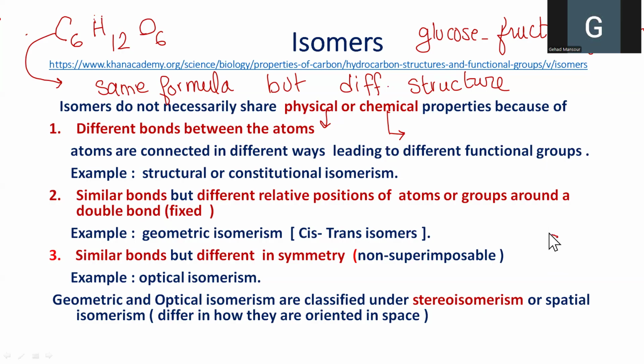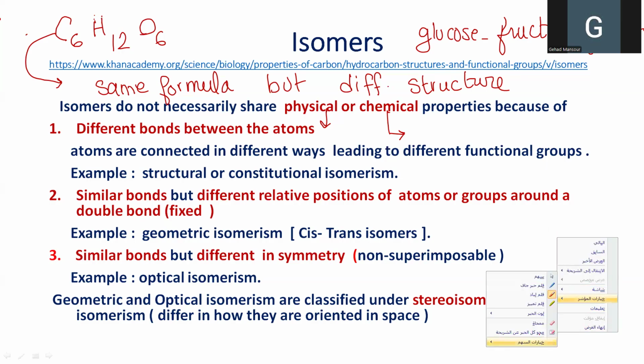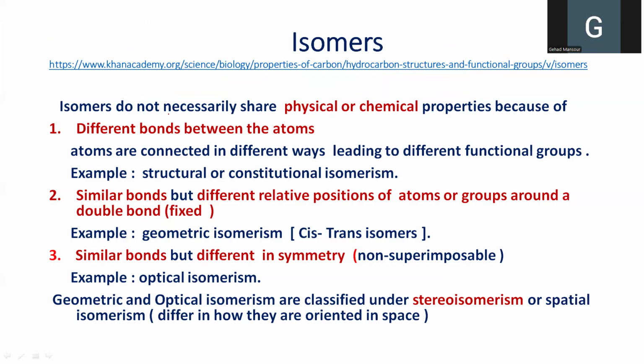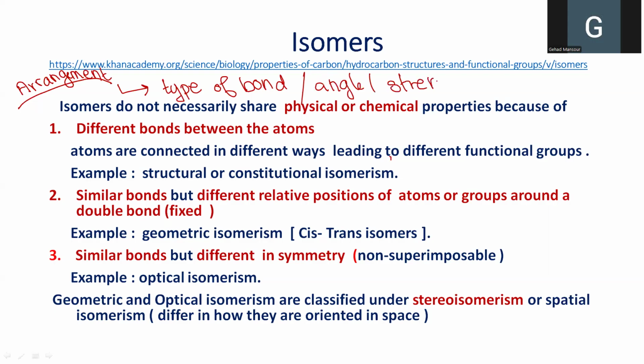So if you're ever asked how come isomers have the same molecular formula yet different chemical reactions or properties: first of all, it depends upon the arrangement of the atoms inside the molecule, because the arrangement will determine the type of bond, whether it is a single bond or a double bond, and will determine the bond angle and the bond strength.